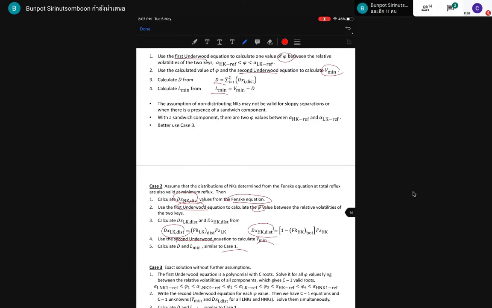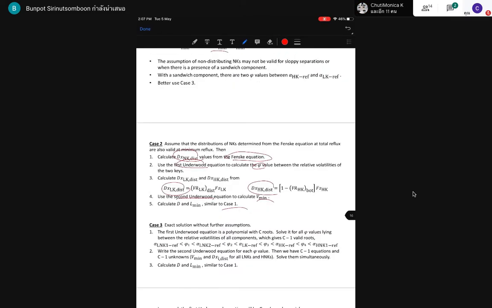Then case three is when you have multiple compounds and you are interested in finding all the phi values between the compounds, then you use this technique here. This case three is probably a little more complex than the previous cases.